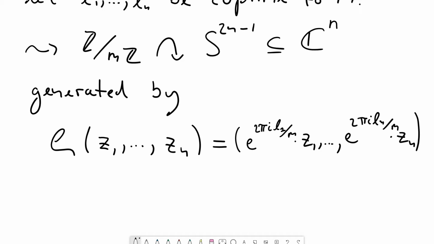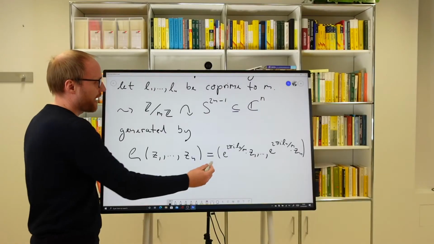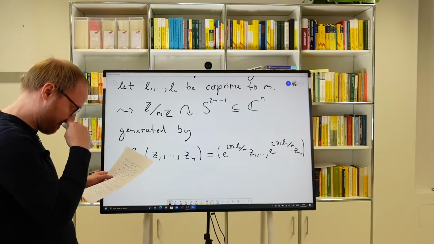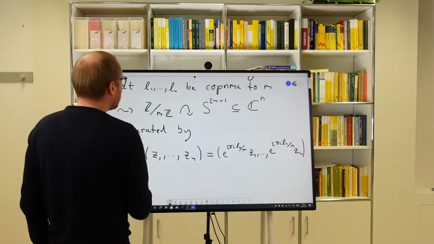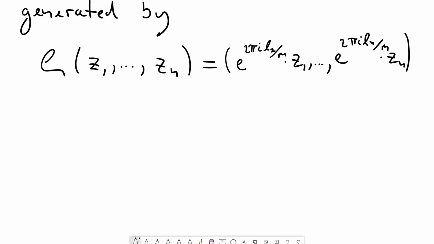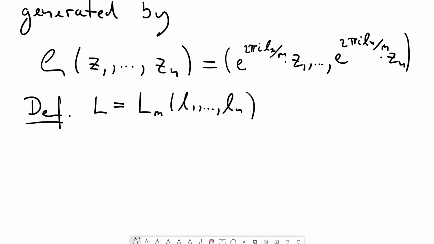Okay, so this clearly gives back an element of norm 1, and therefore it's a map from the sphere into itself. And now the lens space, the one we want to compute the homology of today, is just defined as the quotient space of this action. So that's the following definition. Let's call it L, or to remind ourselves of all the data that defines it, we put a lower index m here, and in parentheses we put those n numbers, L1 to Ln.